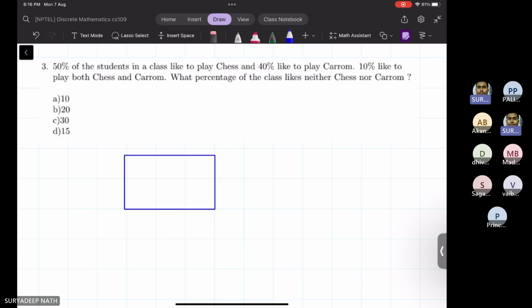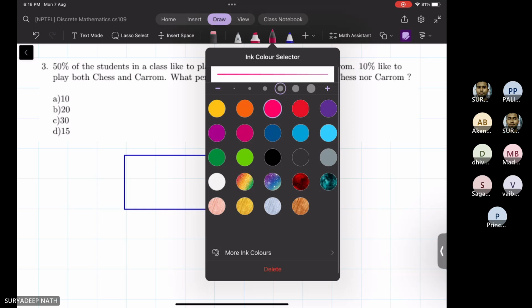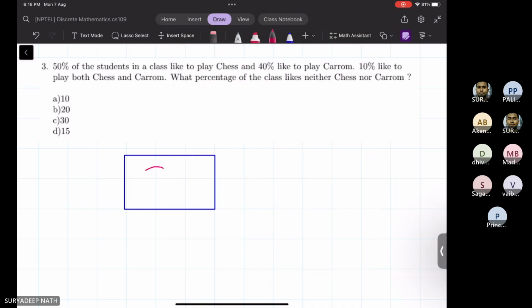Let us say this rectangle represents the entire class. So we'll draw a set. This red circle represents the set of students who like to play chess, and it is 50%.